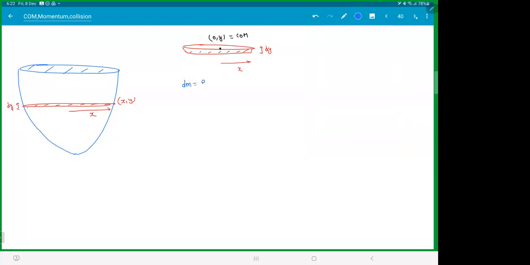So dm will be rho into pi x square dy. So the y center of mass of this paraboloid is integral of y center of mass of the disk times dm of the disk, divided by the total mass.